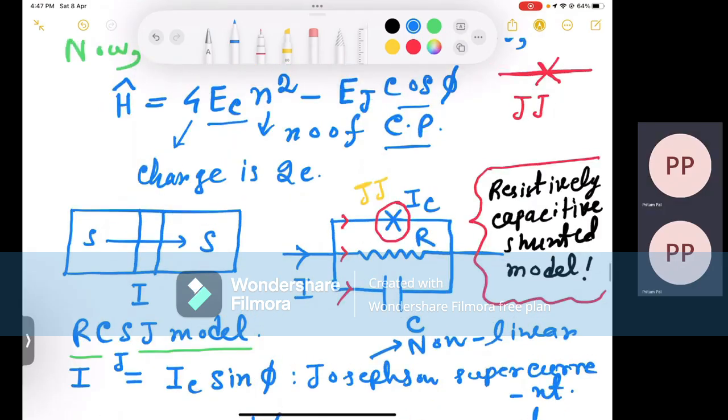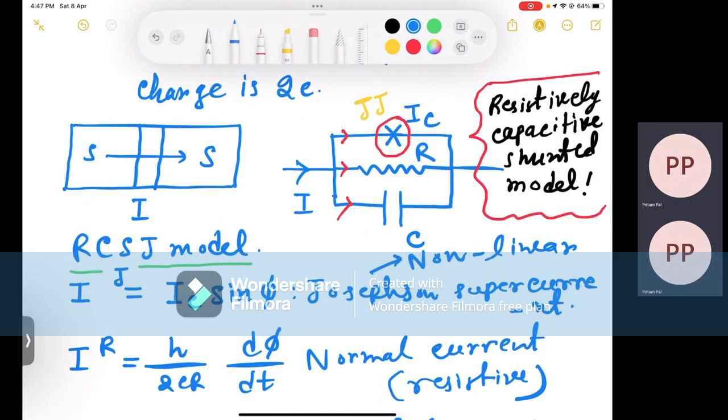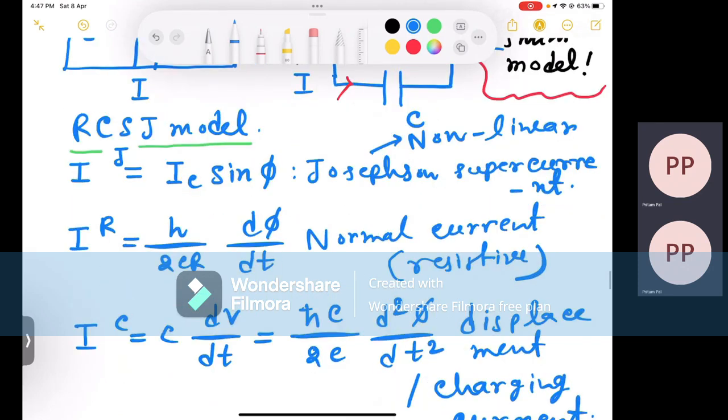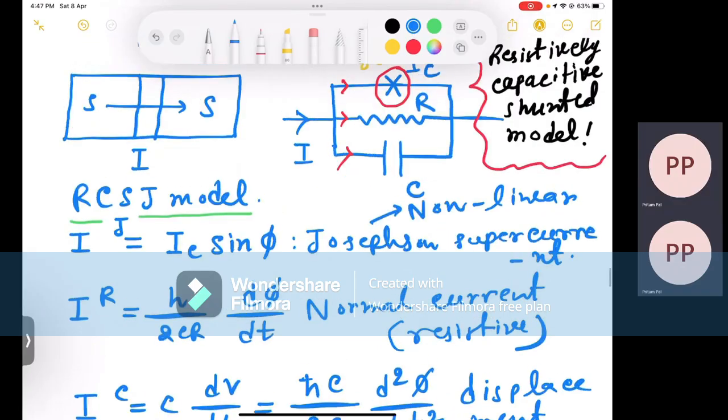So now, instead of simply the IC times sine phi contribution, we also have the resistive contribution as well as the capacitive contribution in addition to the Josephson junction contribution for the real Josephson junction, right? So this is your Josephson current, IC multiplied by sine phi, the Josephson supercurrent, and this is of course a non-linear term that we are dealing with.